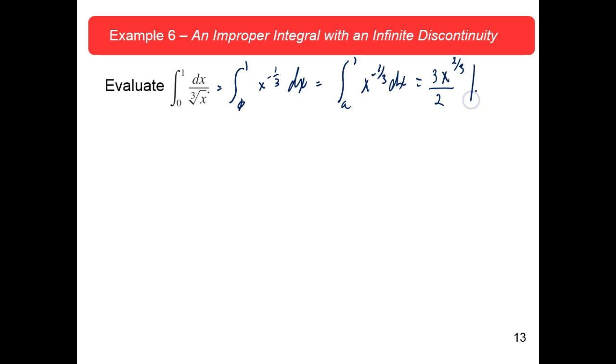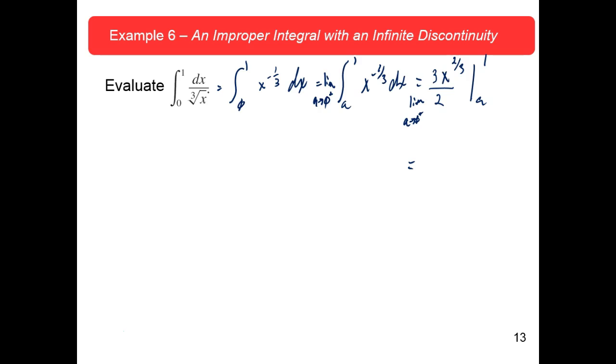And we'll evaluate that from, well, I should have written this in: the limit as a approaches 0 from the right-hand side. You're going back towards 0. So this will be the limit as a approaches 0 from the right-hand side, and this will be from a to 1. And I think if I plug in a 1, I can probably do that.